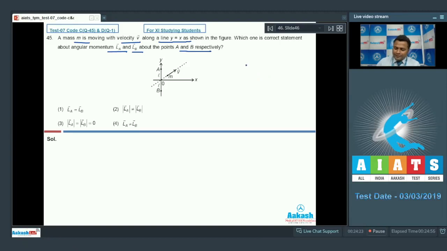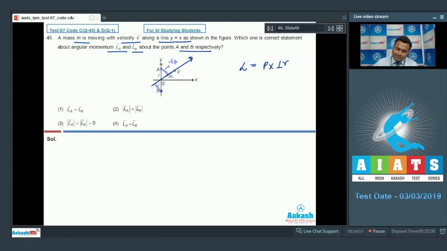So we know very well the magnitude of the angular momentum about any point will be given by linear momentum multiplied by the perpendicular distance between the point and the linear momentum vector. So this is the linear momentum vector, and these are the points about which we have to calculate the angular momentum. So draw perpendiculars on them. This is for A, suppose RA.